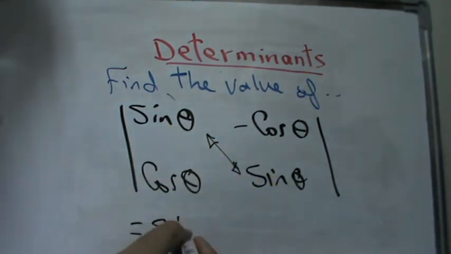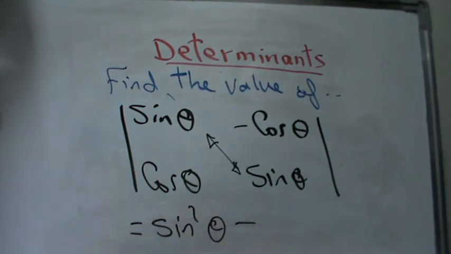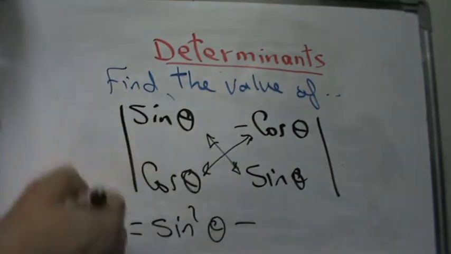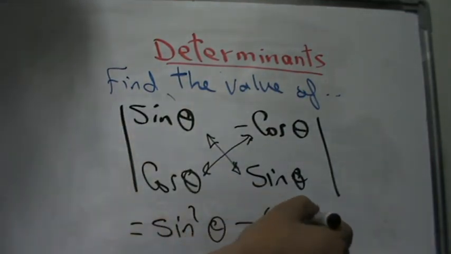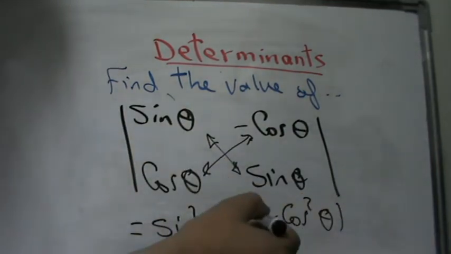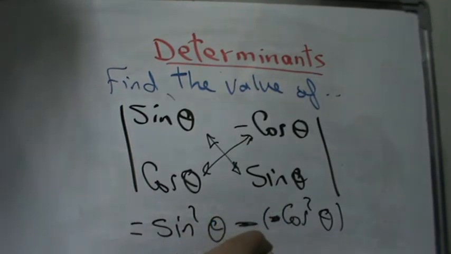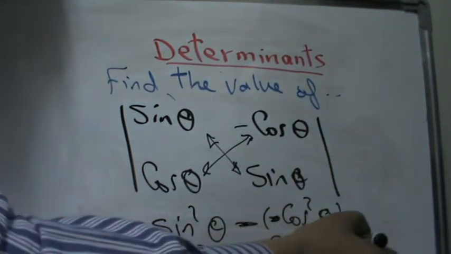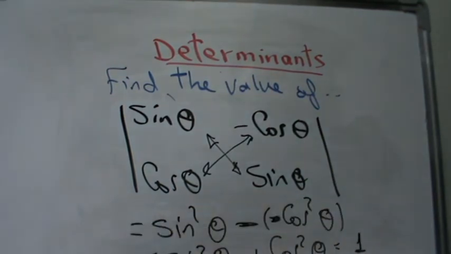It will be sine square theta, minus negative cosine times positive cosine. It will be negative cosine square theta. But here negative by negative, it will be positive. Then it will be sine square theta plus cosine square theta, which is equal to 1 from the Pythagorean form of identities.